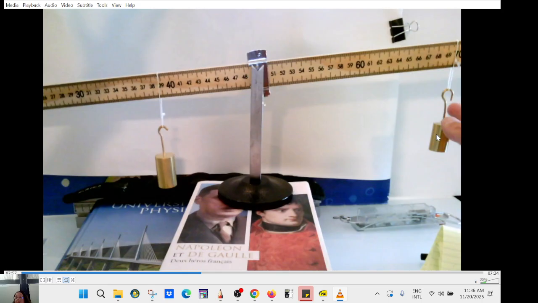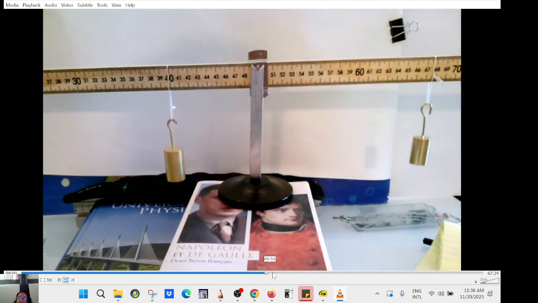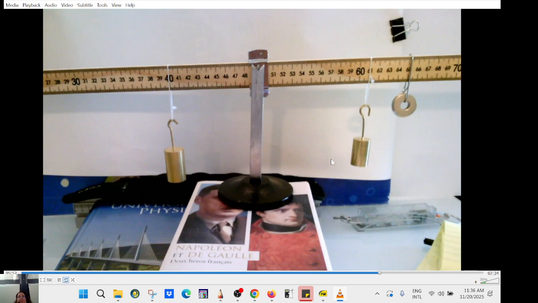Sometimes it's hard to get the equilibrium, but that means that mass times this distance equals this mass times that distance, right? You see, when you are French and doing physics, right? This is Napoleon and De Gaulle, who is very famous too. And you can do more. Okay, you can do something like this.